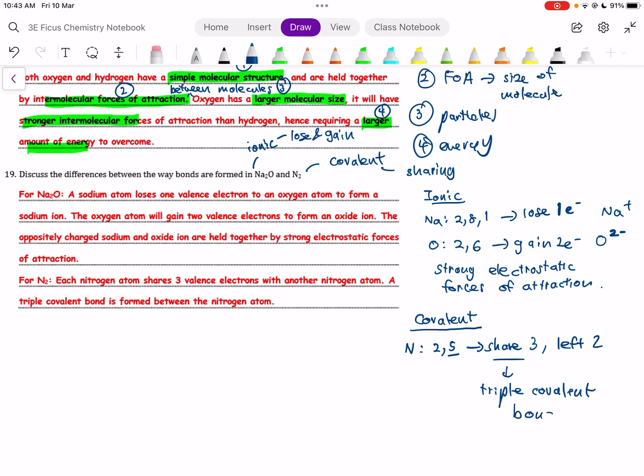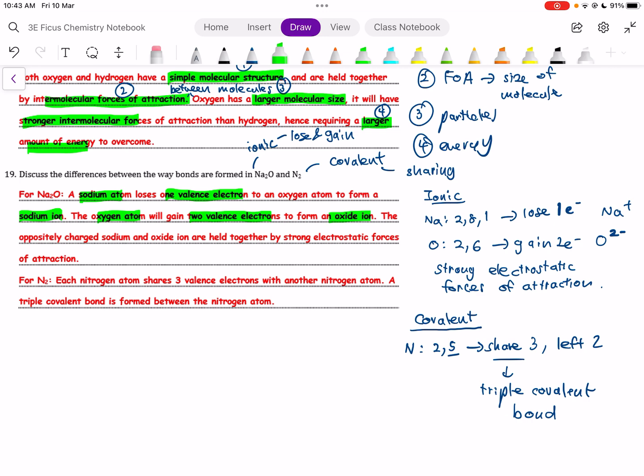When you do it, it's important to structure it this way before you start attempting the question. So talk about sodium losing one valence electron to the oxygen atom to form the sodium ion. The oxygen atom will now gain two valence electrons to form the oxide ion. So be clear about which one is atom, which one is ion.